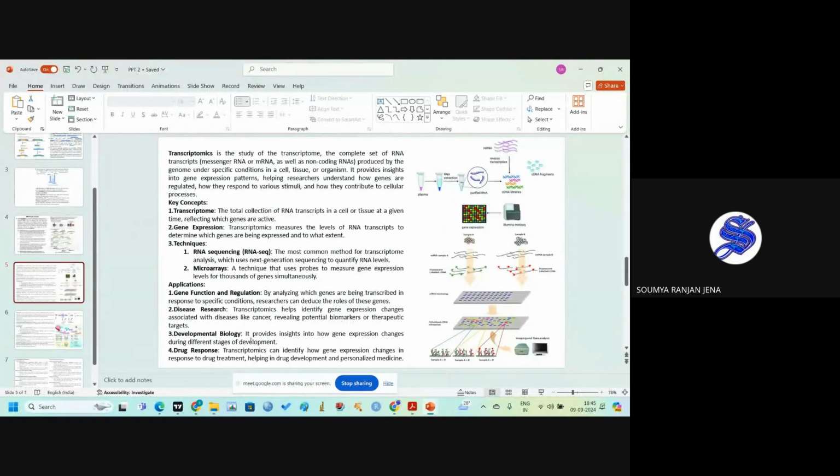Then in developmental biology, it provides insight into how gene expression changes during different stages of development.